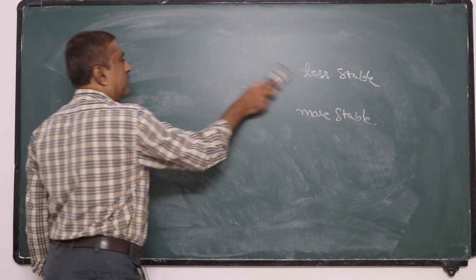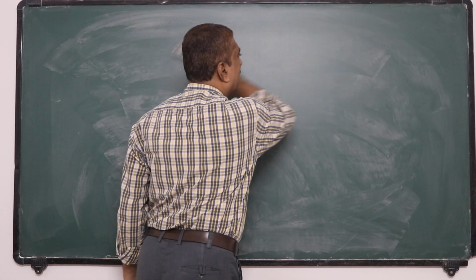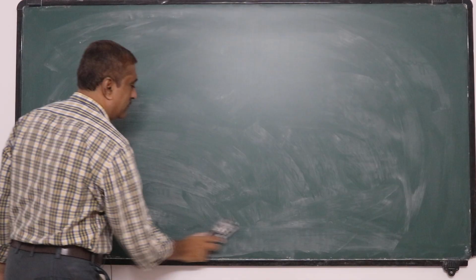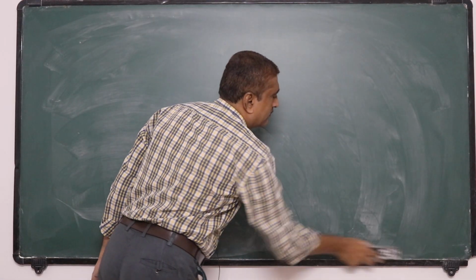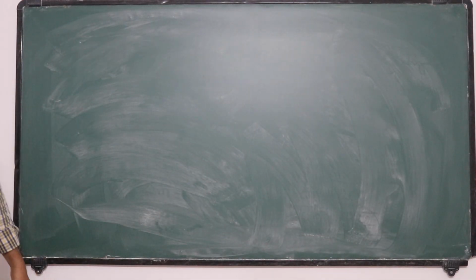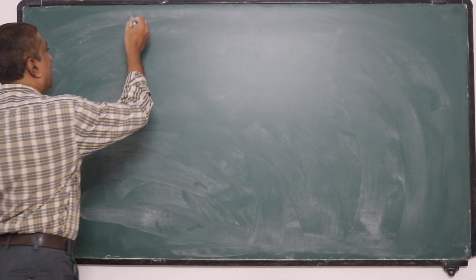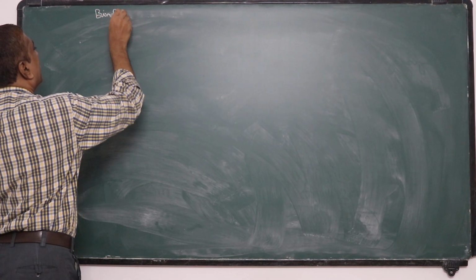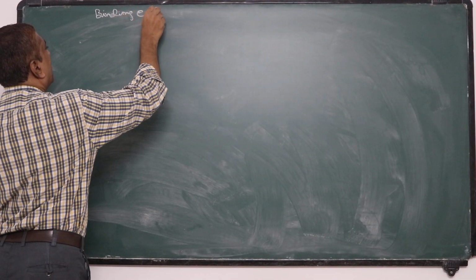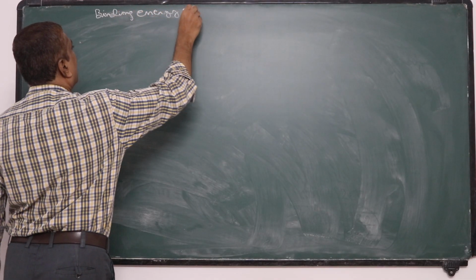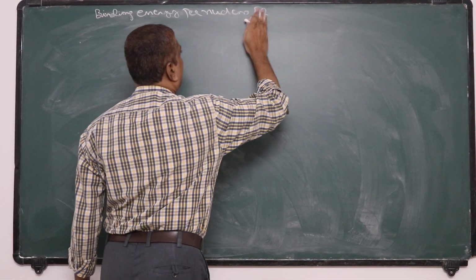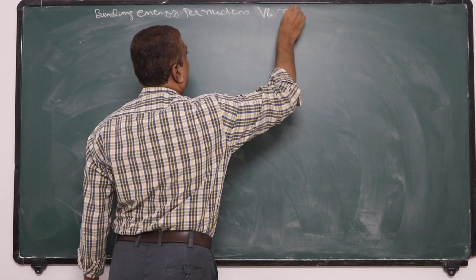Now the stability graph is drawn between binding energy per nucleon versus mass number.